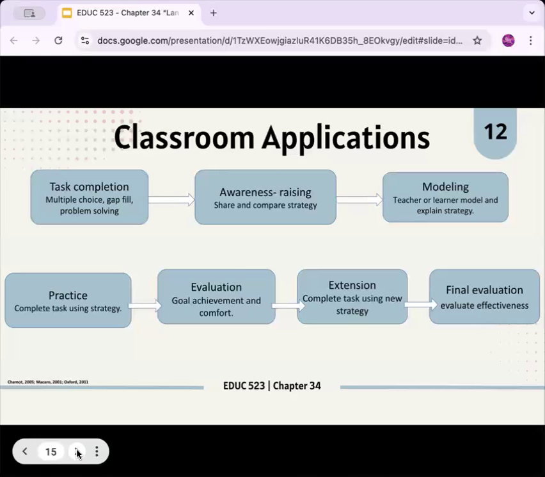And lastly is final evaluation. Learners assess the overall effectiveness of the strategy after applying it to multiple tasks. They reflect on how well the strategy supports their learning. The structured approach ensures that students not only learn strategies but also internalize and evaluate their effectiveness in fostering strategic learning.